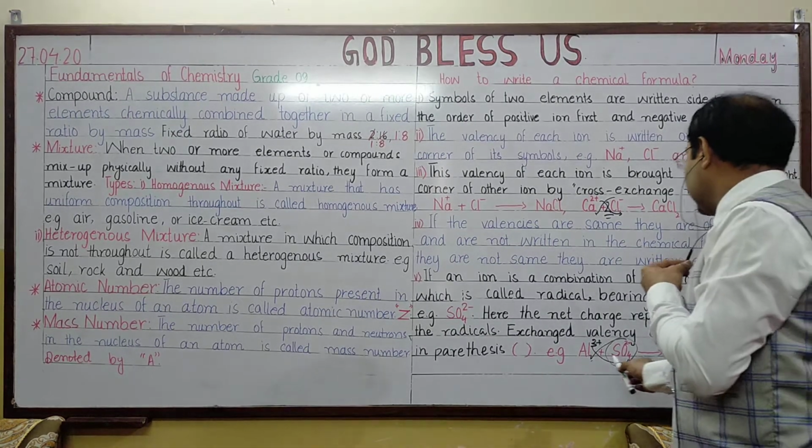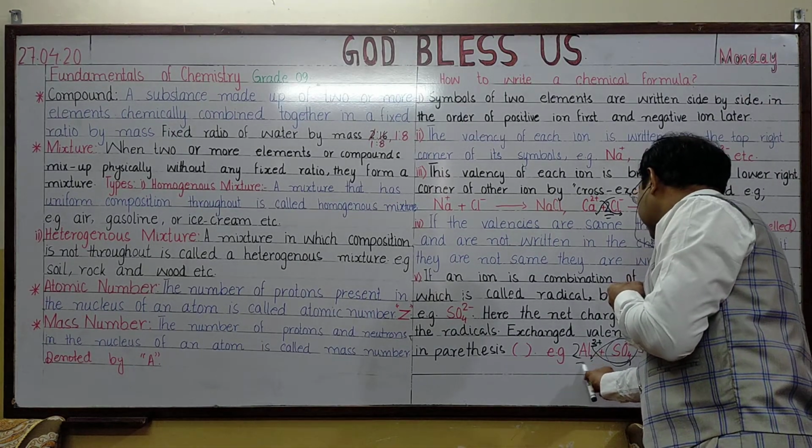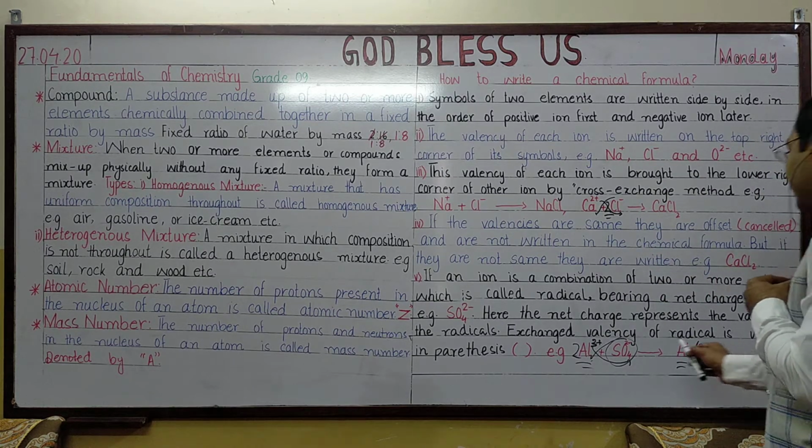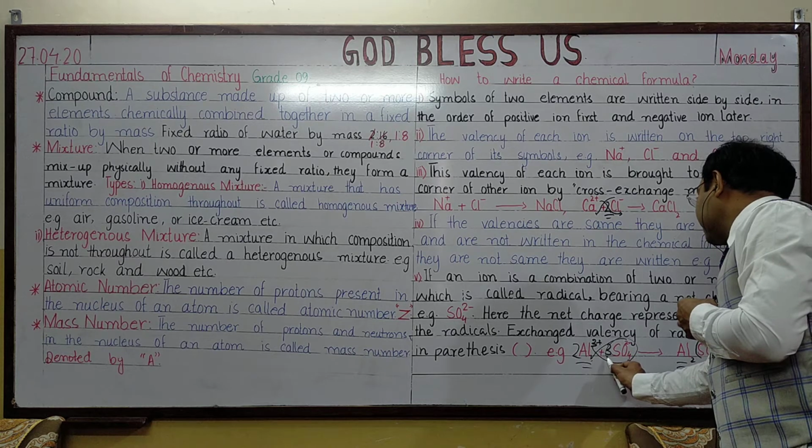So if I have to balance it, I'll go here for 2, 2 Al, SO4 thrice, and here also I will have to use 3.